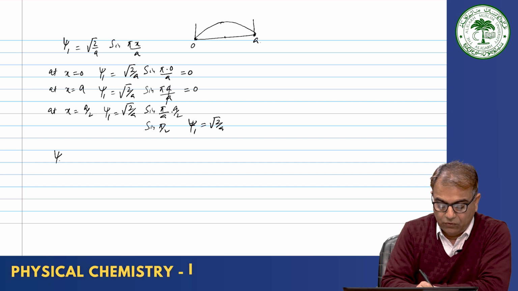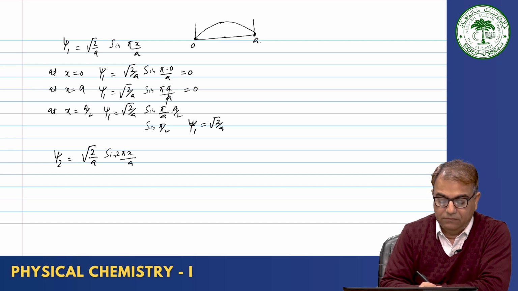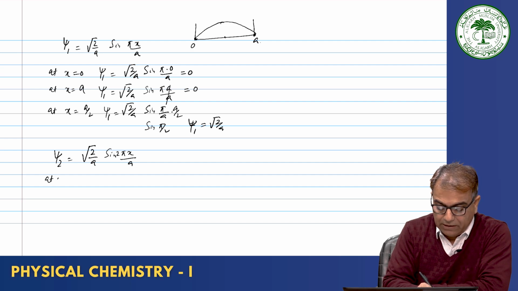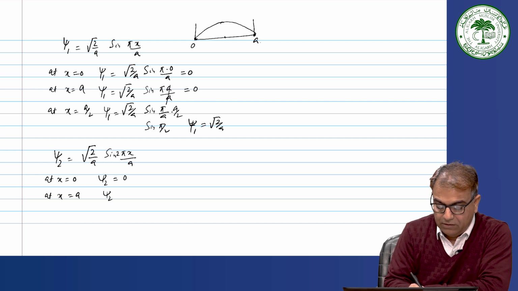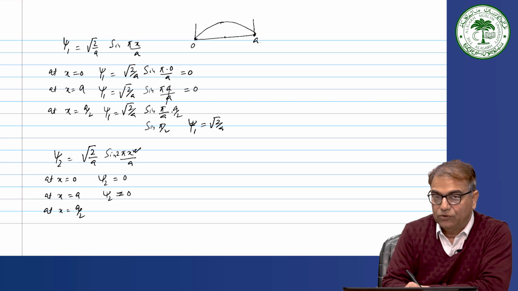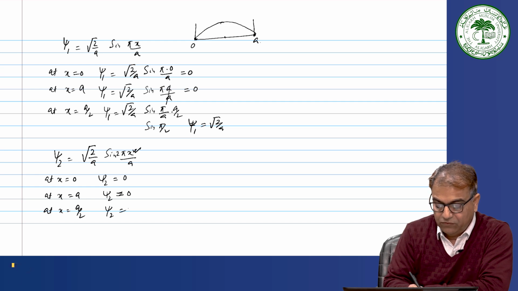Say for example, ψ2. For ψ2, you have root 2 by a sin 2πx upon a. If you calculate at x equal to 0, ψ2 will be 0. At x equal to a, ψ2 will be 0 because it will be sin 2π. At x equal to a by 2, again it will be 0, ψ2 will be 0.